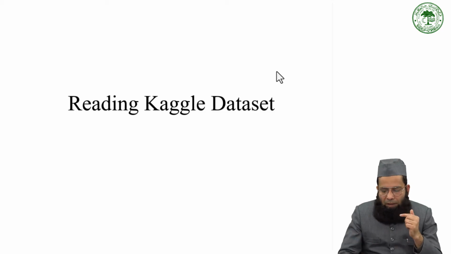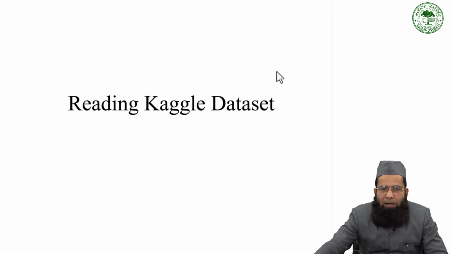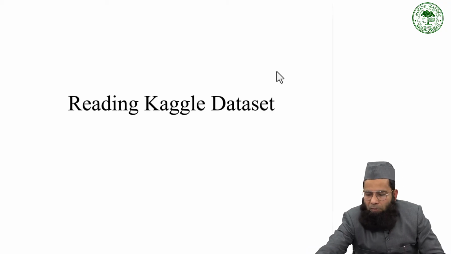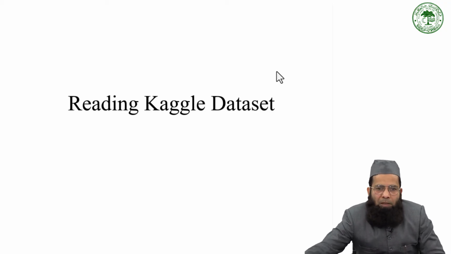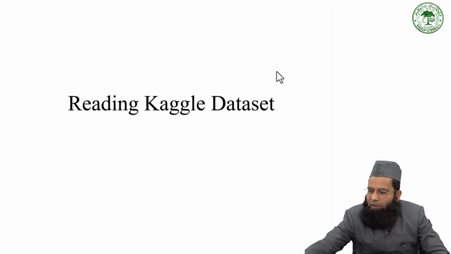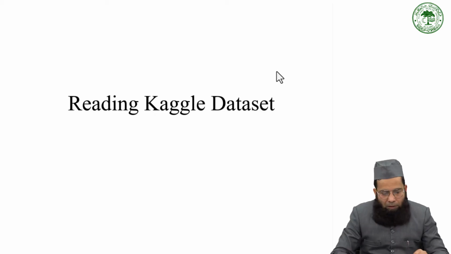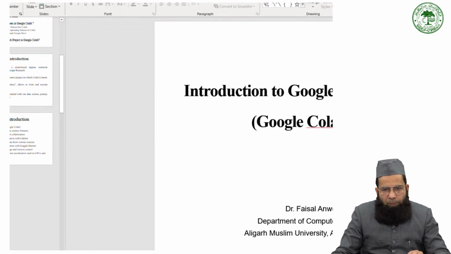And now we'll see the different activities that we have discussed till now. I'm just trying to open Google Colab, and there we will see the different options that we have discussed. Let me open Google Colab.